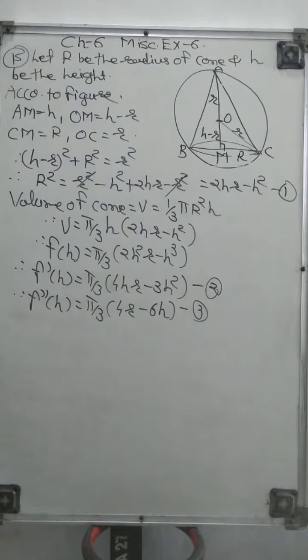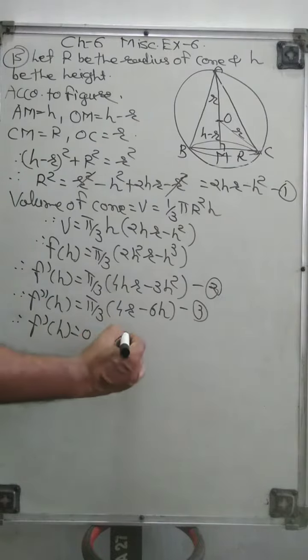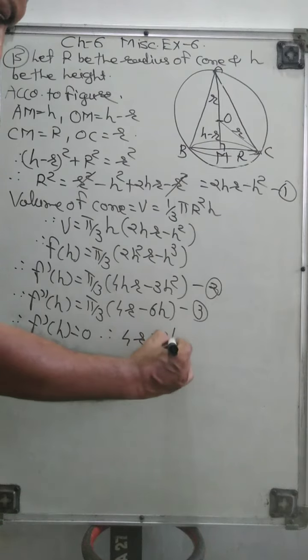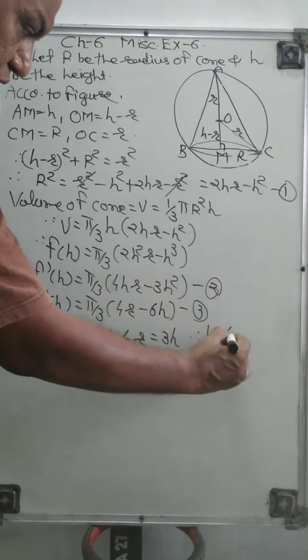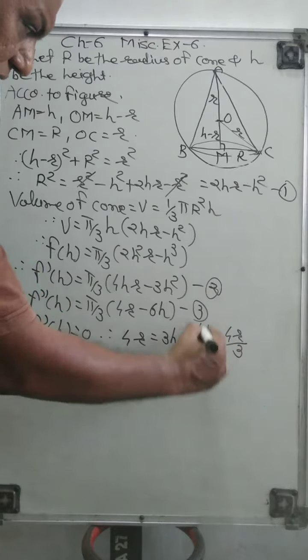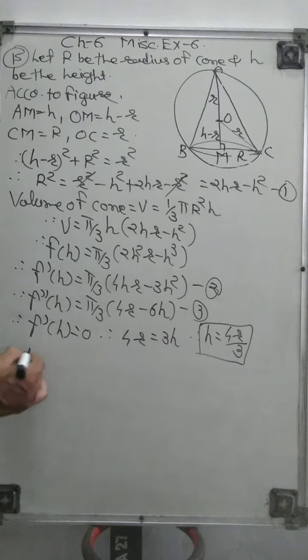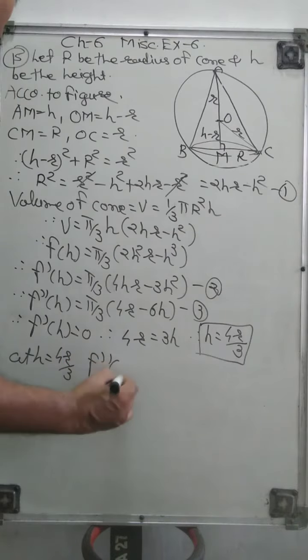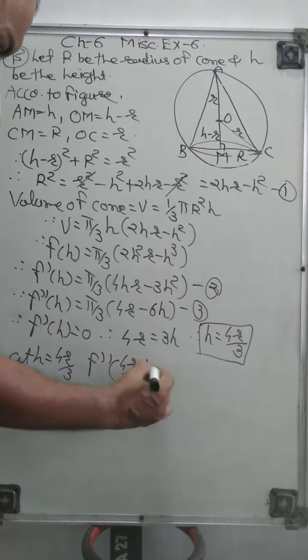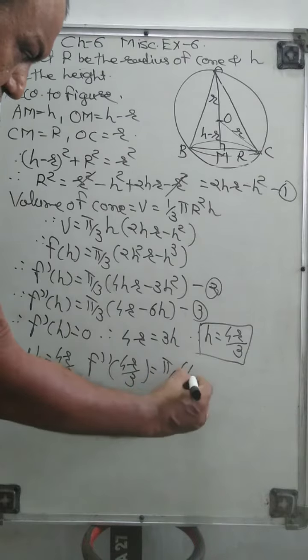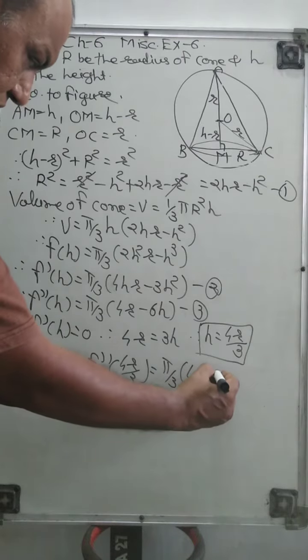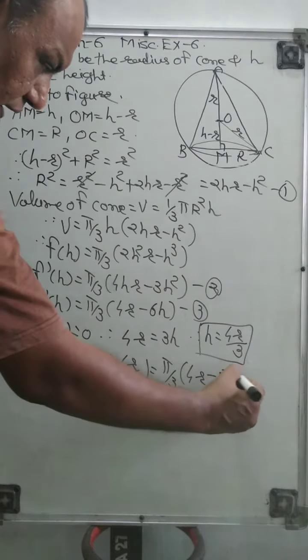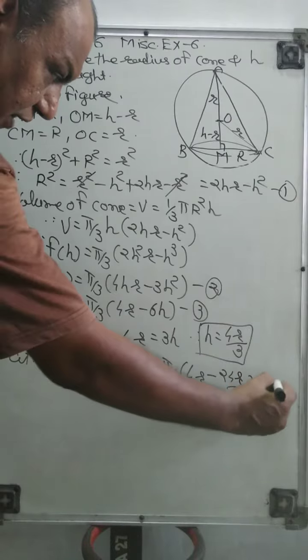Now we put the second result, f dash h, equal to 0. It means 4r is equal to 3h, meaning h equals 4r by 3, right? And at h equal to 4r by 3, f double dash of 4r by 3 is pi by 3 times 4r minus 24r by 3, which is negative.